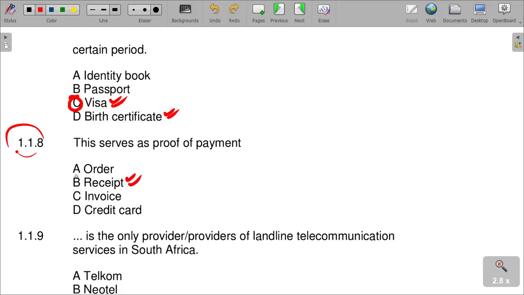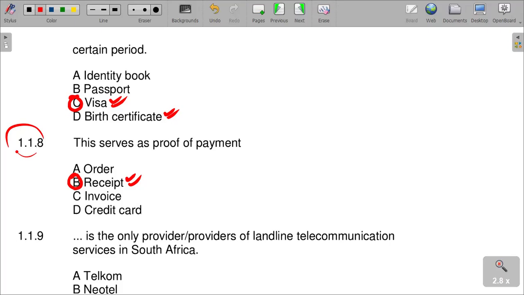Every one of us has at a point in time bought things. When you buy goods, or you pay for services, in order for us to confirm that you have paid, you receive a confirmation of payment in the form of a receipt.